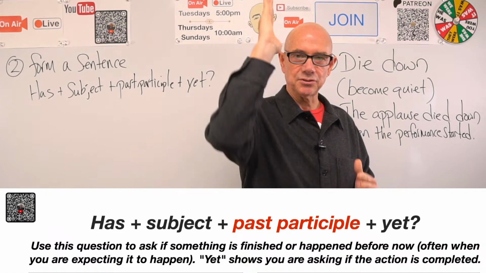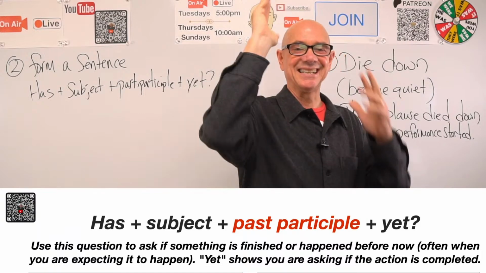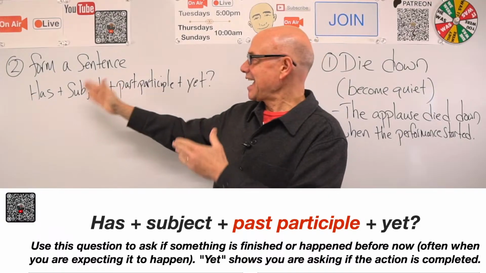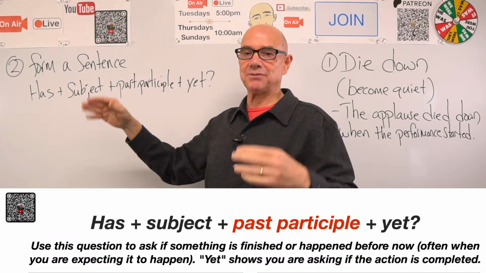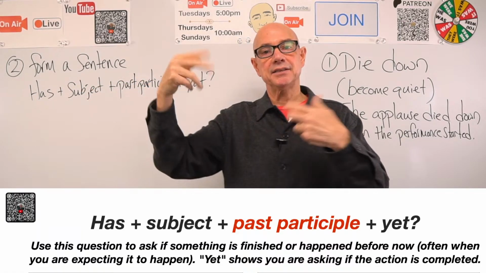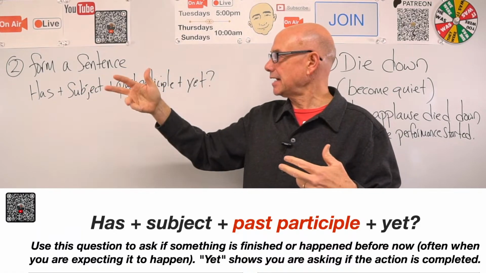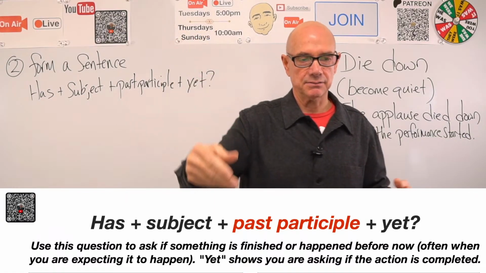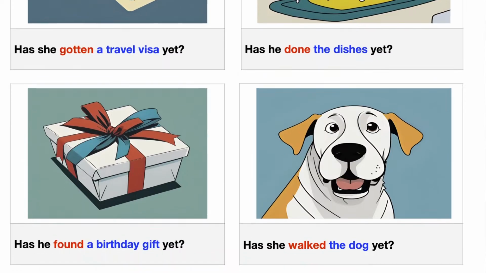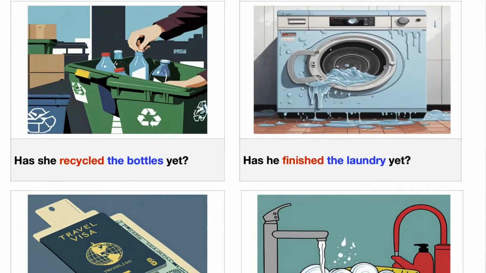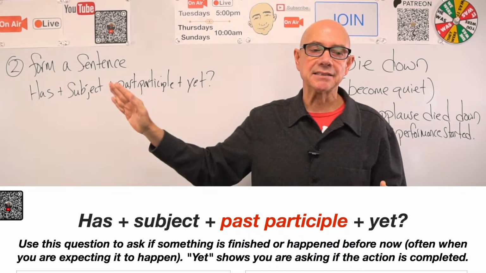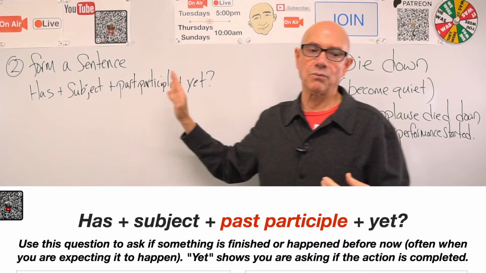Okay, so I want to see your sentences. We have our pattern right here. Has, so we're using the third person, for example, he, she, it. And in our worksheet, we had the dog, right? So the dog is the subject, it. Has she walked the dog? Well, but we could say, has the dog been walked yet?